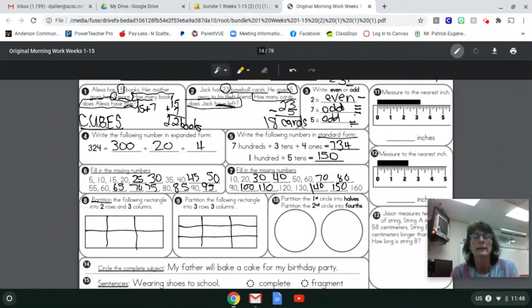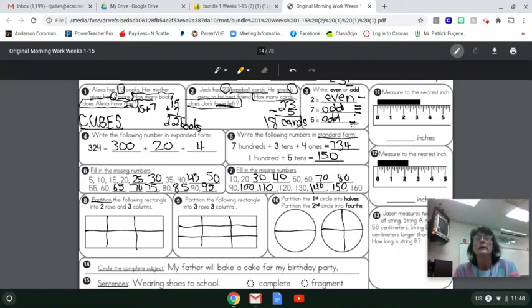Or you could cut it in half this way. And the second part says partition the second circle into fourths. Fourths means just like what you hear, 4 parts. So you want to go through the half, through the middle there, and through the middle there like a window. And you have 4 parts.